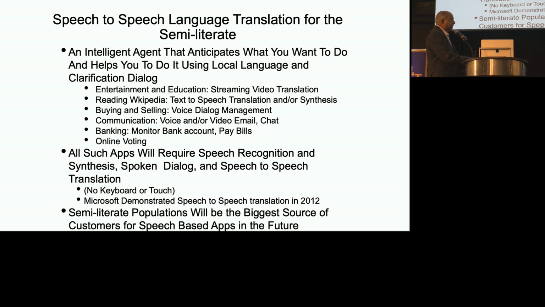So it turns out semi-literate populations will be the biggest source of speech-to-speech interactions in the future. And the speech-to-speech interactions of semi-literate populations, they all use WhatsApp.